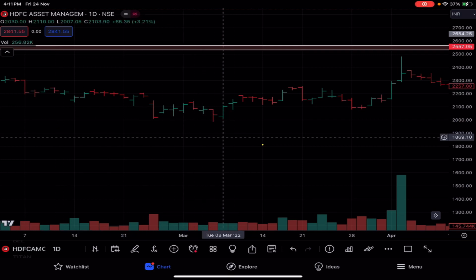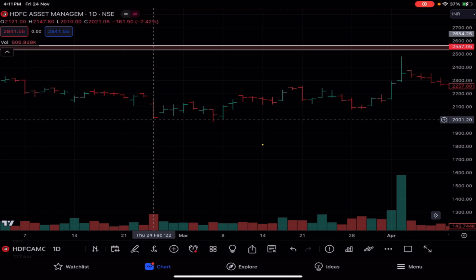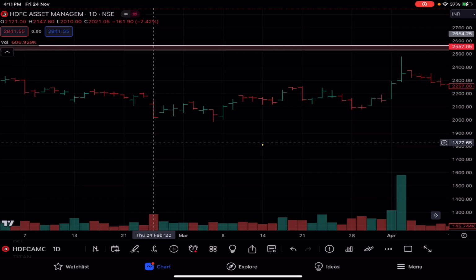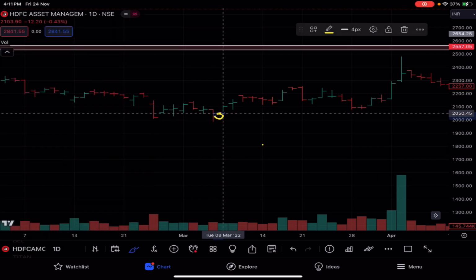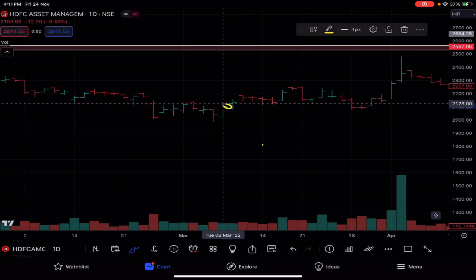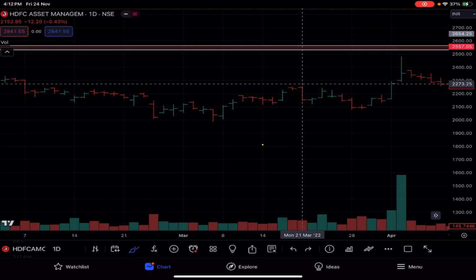The open is 2030, so this is the open, 2030. This wick is the open, this is the close, and you need to always remember that the left side is always the open. So in the red also, this is the open.